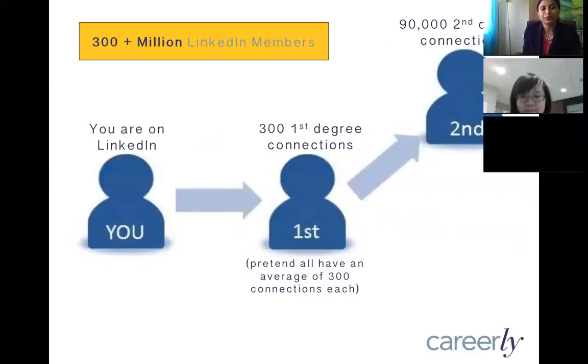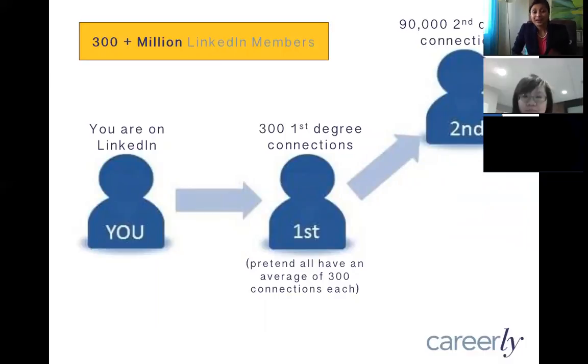Okay, so here's the beauty of, this is the thing about LinkedIn that a lot of people don't really understand right away. LinkedIn isn't so much about your immediate connections, right? It is very, very important to build your immediate connections, because that's how you get your network. But remember, you're already connected to them, right?